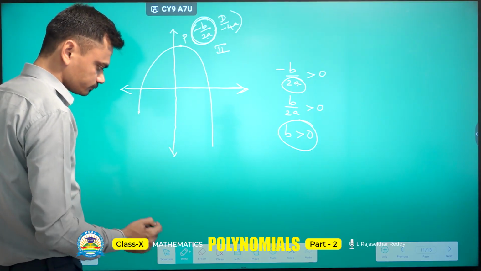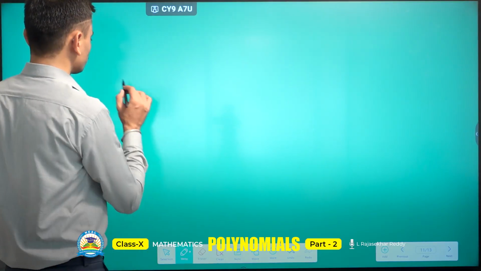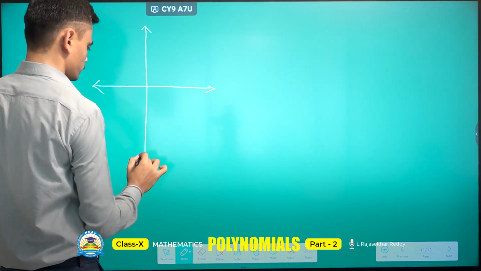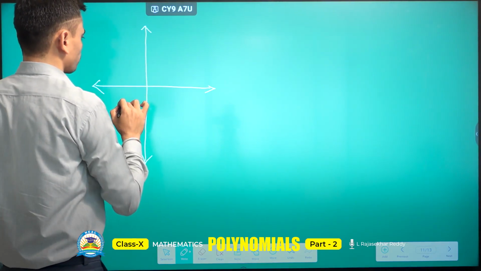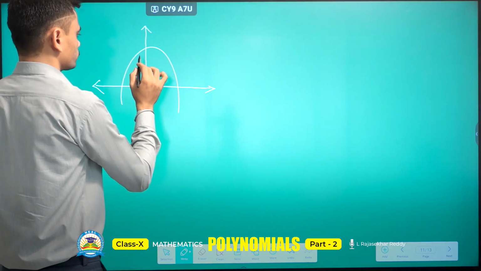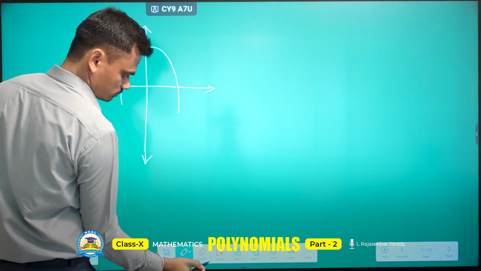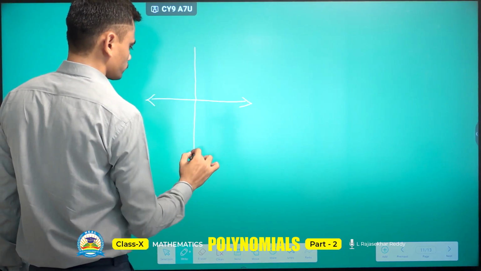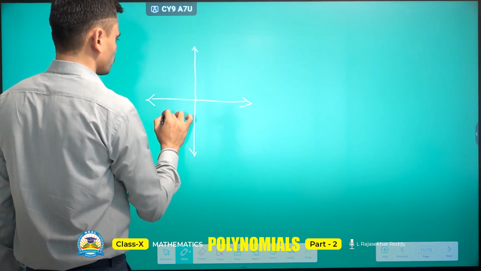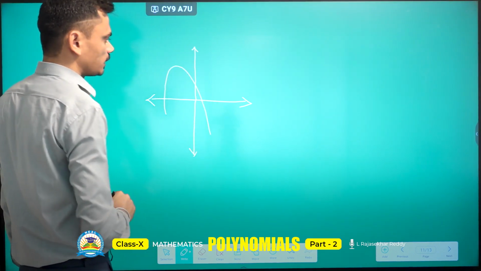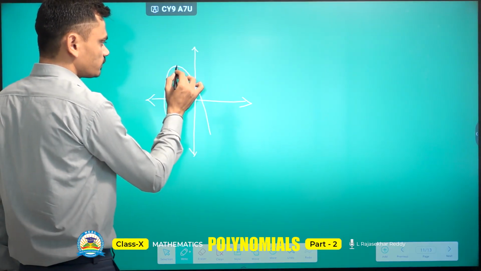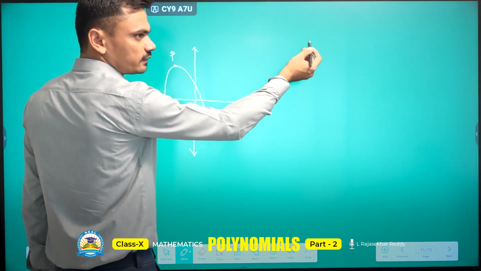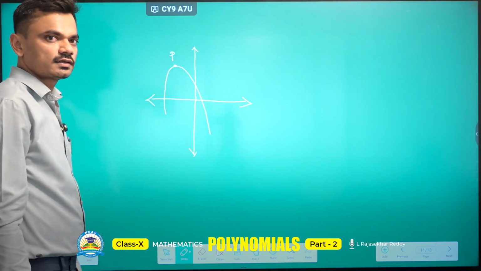Okay, now one question. Like this one curve is there, a parabola, with the maximum point here P. Now the options will be like a is greater than 0, b is less than 0, c is greater than 0, like that 4 options.